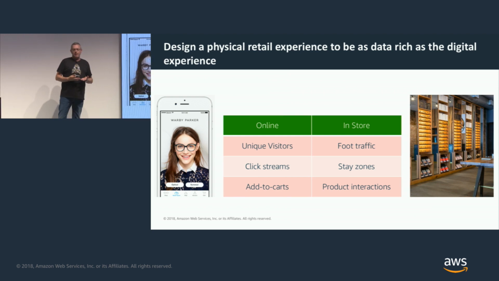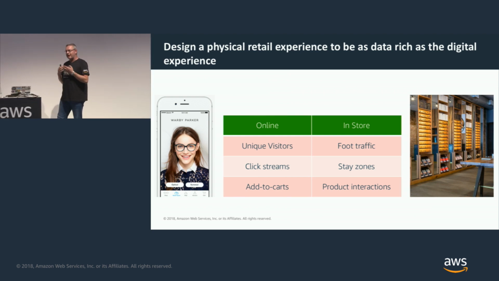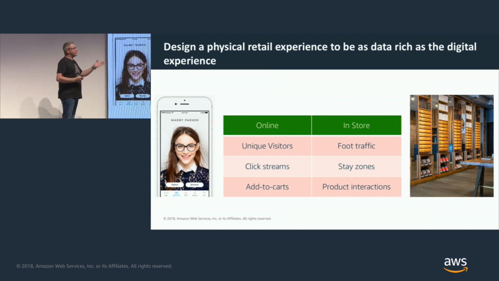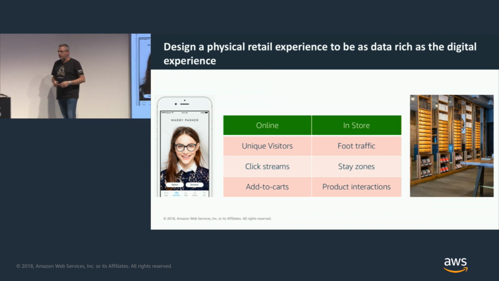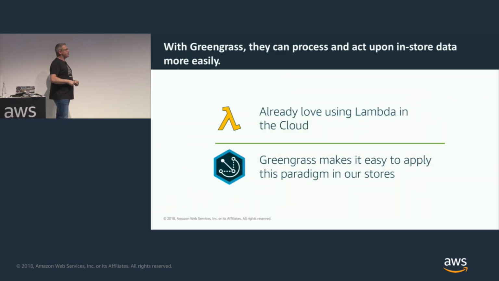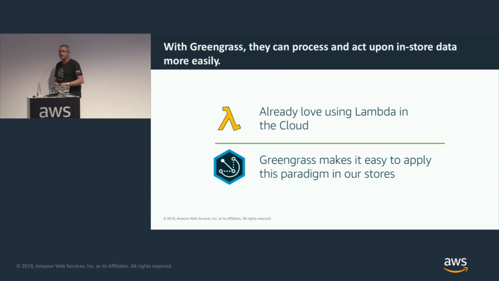So what they did, they basically took a lot of sensors, placed them inside their stores to analyze this data and provide them the same information they're used to and know exactly how to work with from physical stores, same as they've been doing it in the online world. And they decided to use Greengrass because they were able to reuse technology that they already know and like, Lambda.